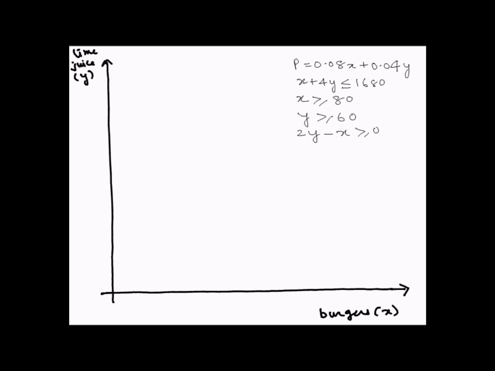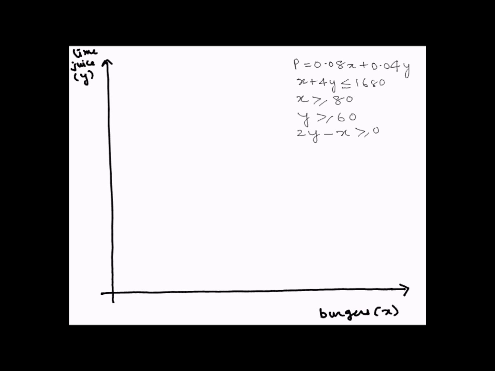These equations would then represent a straight line. So all the points on the line would represent the equal function, that is, say for example, x plus 4y is equal to 1680, while all the points below that line would represent the less than function. So those will represent x plus 4y is less than 1680.